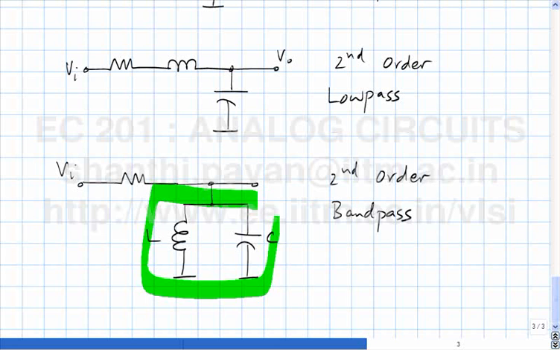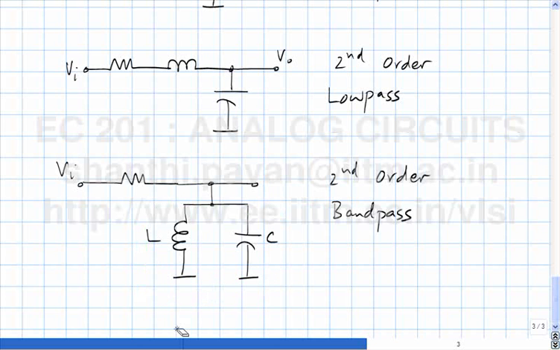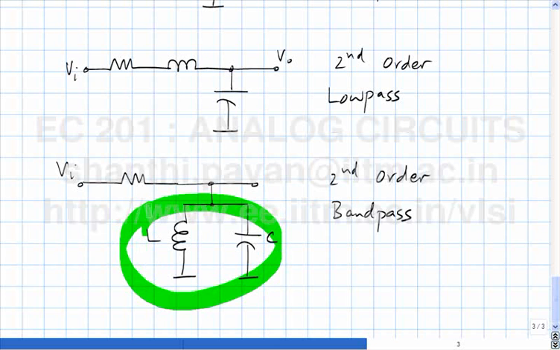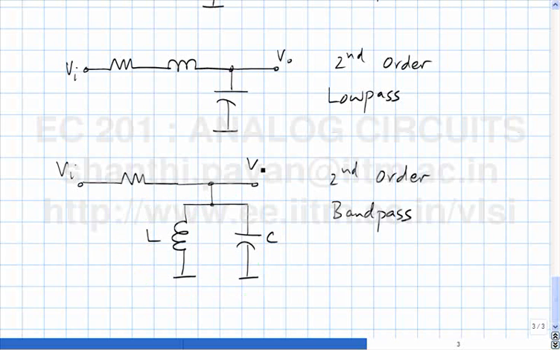This shunt arm here is short circuit for DC because the inductor becomes a short circuit, and for very high frequencies because the capacitor becomes a short. At radian frequency of 1 over square root LC, this arm becomes an open circuit. This LC tank is an open circuit, so VO will be the same as VI. At low frequency or high frequency, the output is a short.